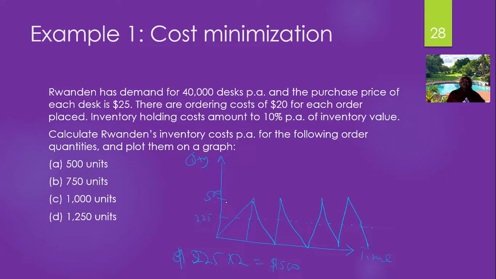If we have increased the order to 1000, then it means that we are going to have a situation where we have now reduced the frequency of making our orders. To say we're now going to have this large span. Maybe our orders are going now to be made after maybe 3 months or so.